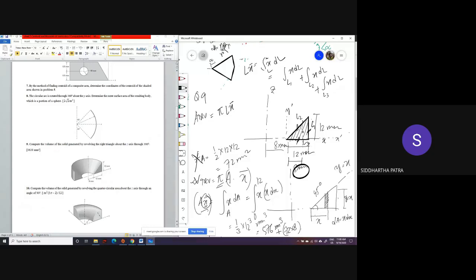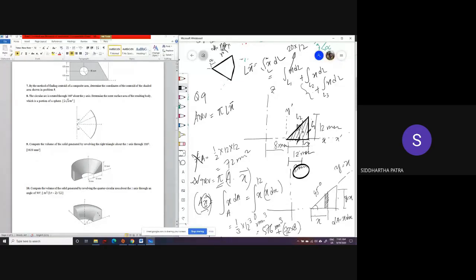Now, that is also intuitive. For L1, x is constant, so it is 20 times L1, which is 12. For L2 and L3, it can be easily understood that the centroid of these two lines lies in the middle, so it is going to be 8 plus 6, 14.